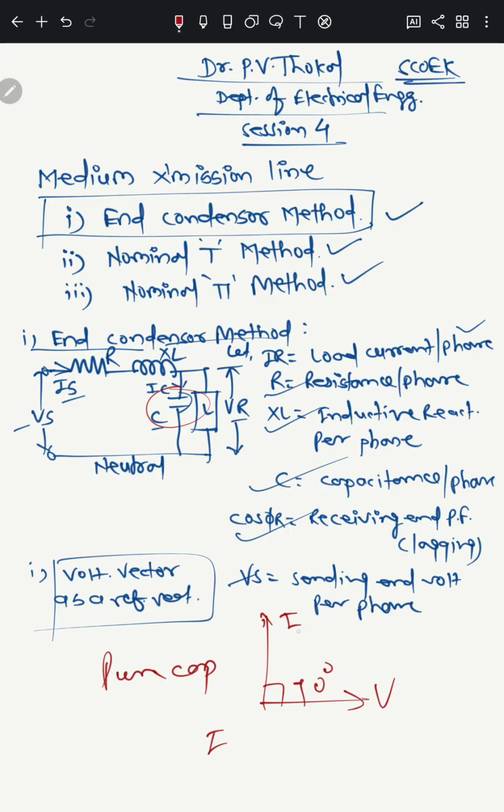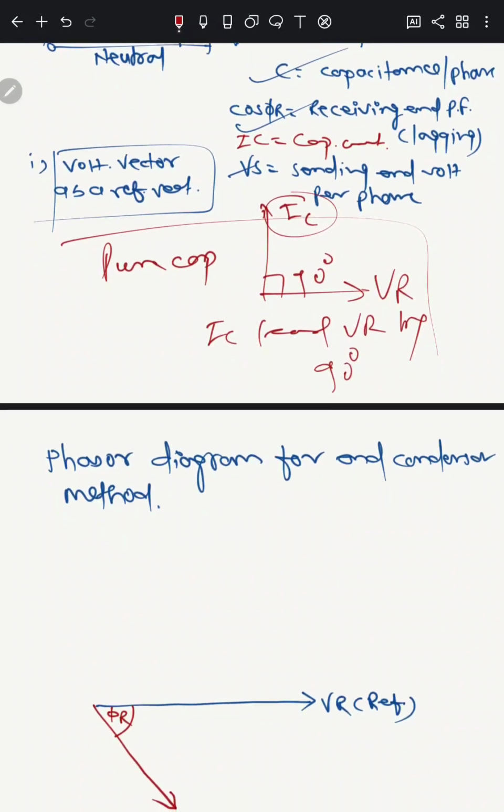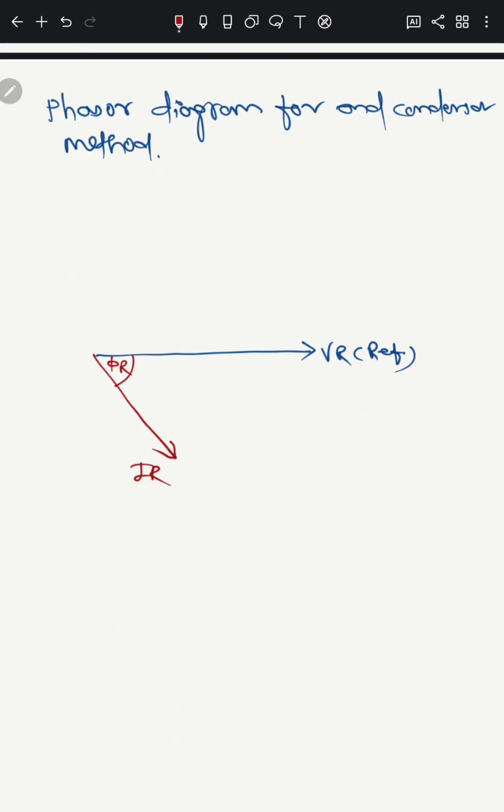Instead of the capacitor current as I, here we give the notation IC, the capacitor current. So IC leads Vr by 90 degrees. Same reference I will consider for the vector diagram.